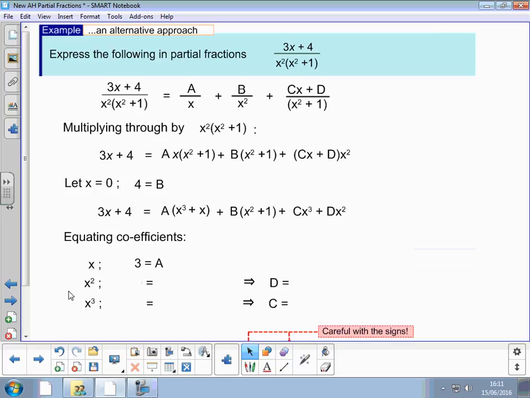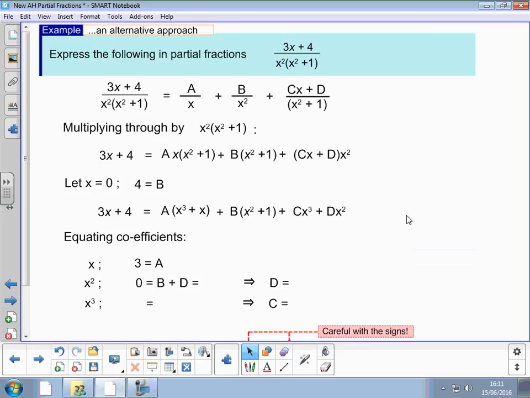Then we can deal with the x squared terms. Looking at the left hand side, there isn't an x squared term, so we just need to put a 0 in there. And looking at the right hand side, there's no x squared attached to the a. The b term here has got an x squared, so that gives us a b, and of course the d has got an x squared term with it, which gives us b plus d.